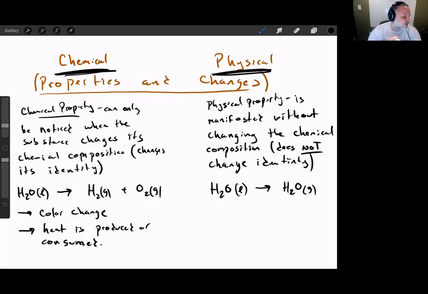But let's think about this. What happens if I have a nice iron nail and it starts to rust? Is that a chemical change or a physical change?